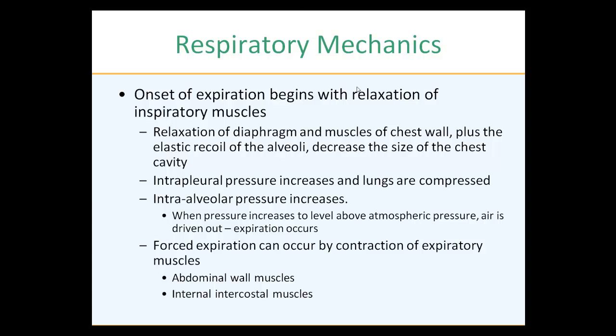And the opposite is true. When the diaphragm relaxes, it will pop up again, and that will reduce the volume inside your chest, and therefore increase the pressure inside the chest. That will translate to increasing the pressure inside the alveoli passively, and therefore the air will leave.